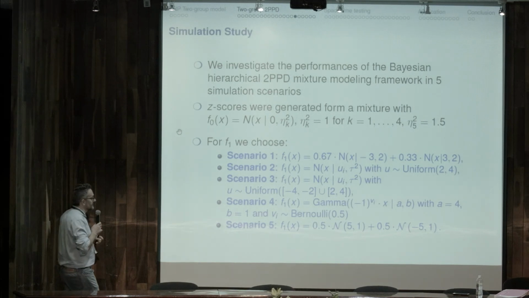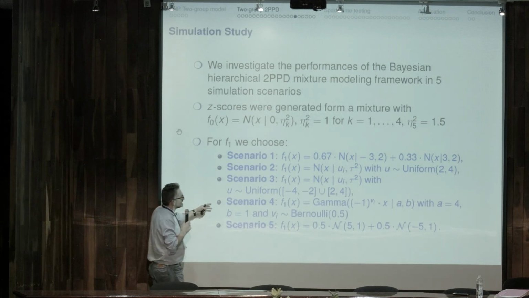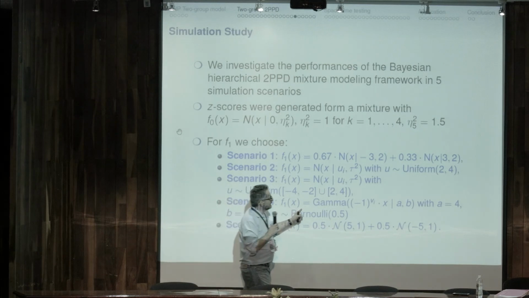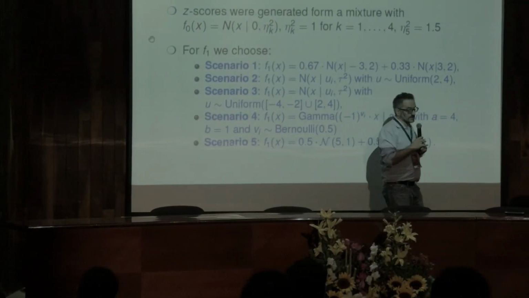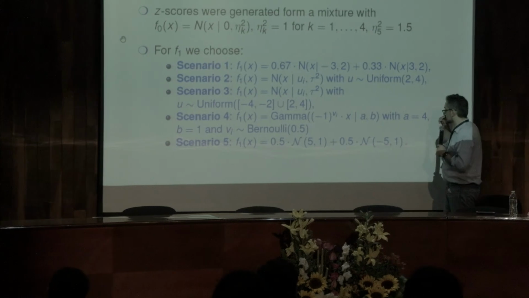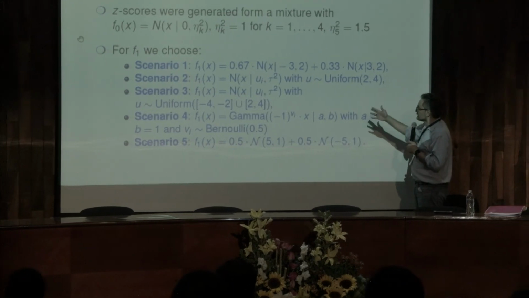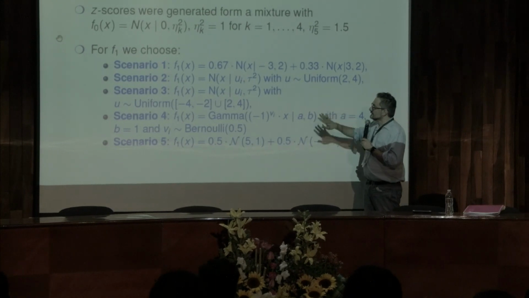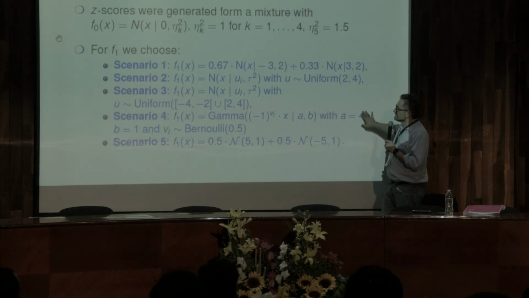In particular, scenario 4 should be skewed, in the sense that there is mostly mass on one side. It's a case in which you expect very skewed distributions, with a scenario that was taken from the paper of Martin and Tokdar.